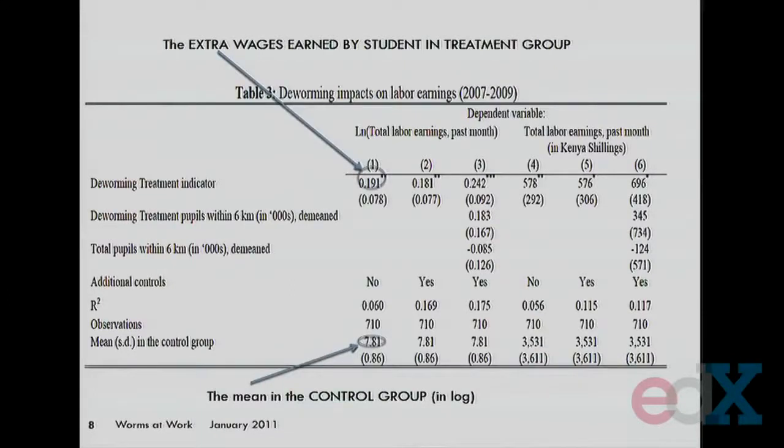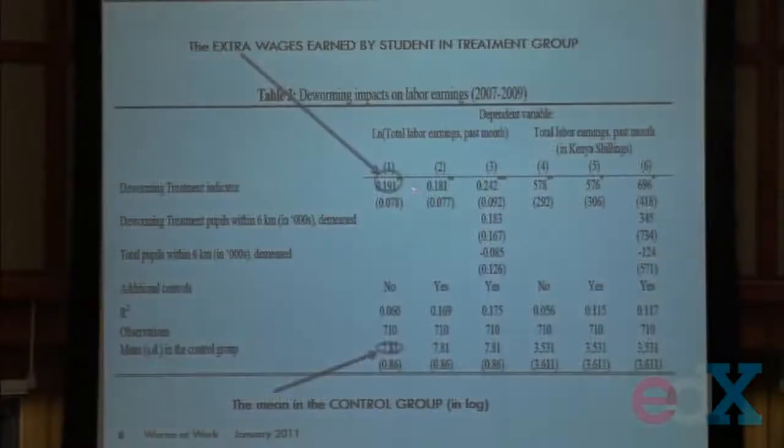So this is a simple regression, which gives us directly the difference. What you can read here is the difference between the log earning of the treatment group and the log earning of the control group. That means I could have plotted bar charts like we had with the bednet.